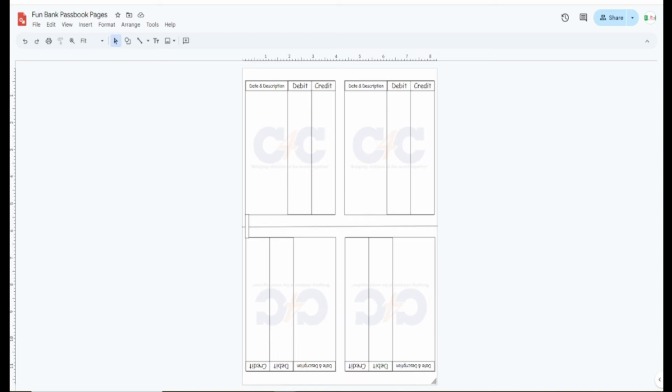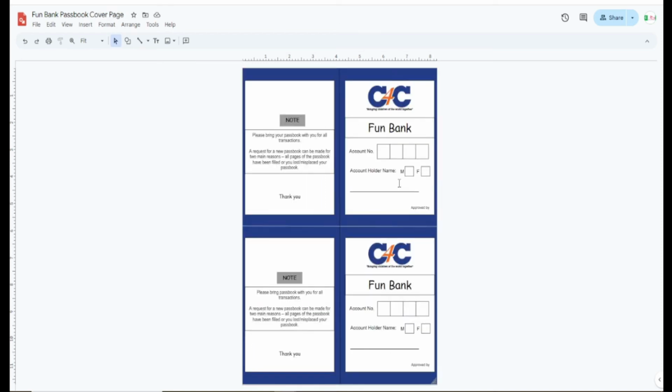Coming to the passbook back, here is the account number, a 4-digit number, then the account holder name, followed by the gender. Within the blank they will write the account holder name and approved by.